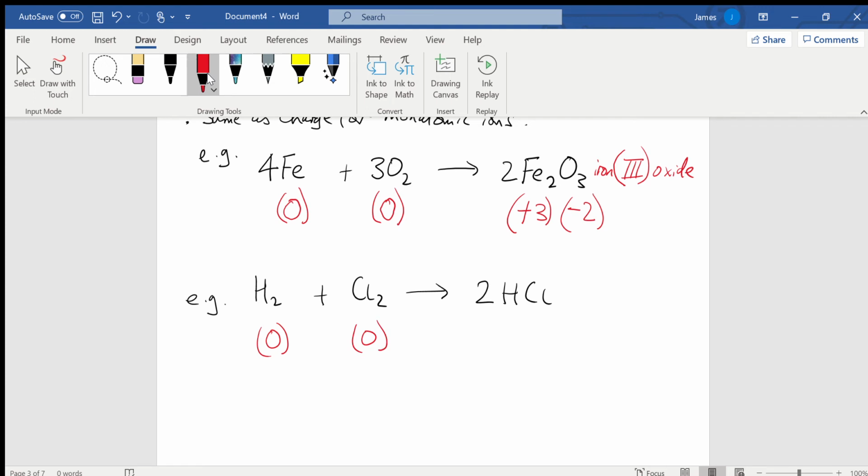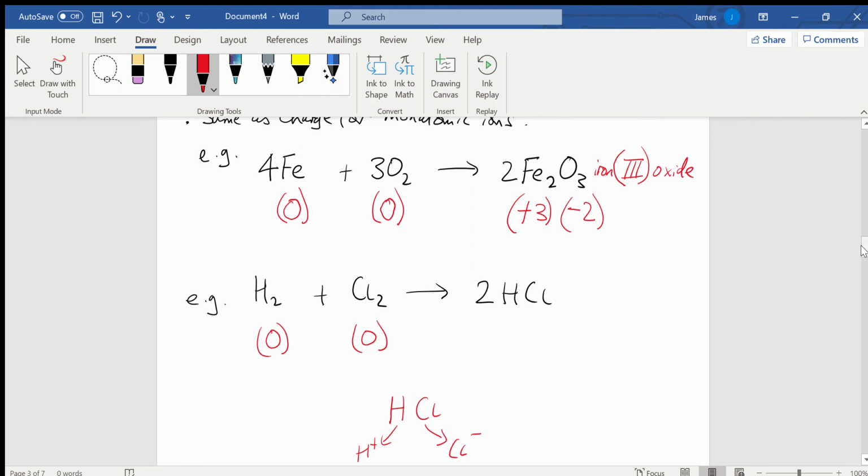HCl, depending on the phase. I don't want to appeal to any purists out there that are going to say, well, if it's a gas, technically, we don't really care. That's minutia at the best of times. So let's just look at the fact that this would become H plus, Cl minus.